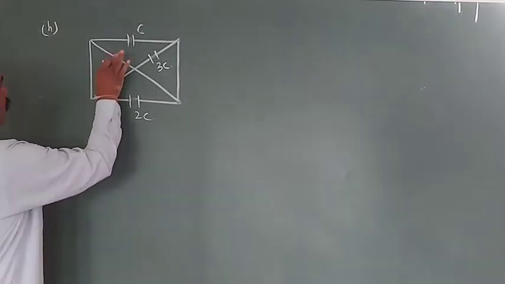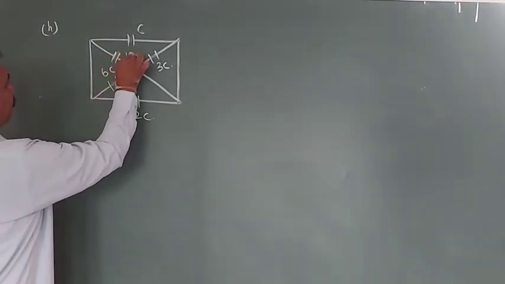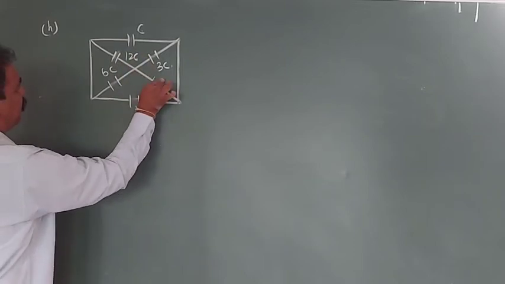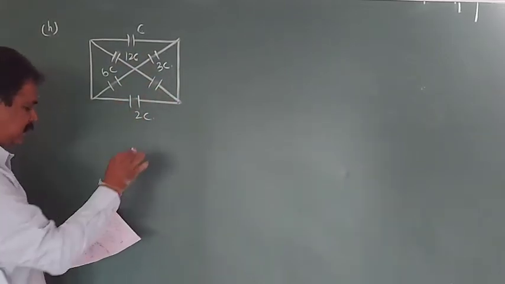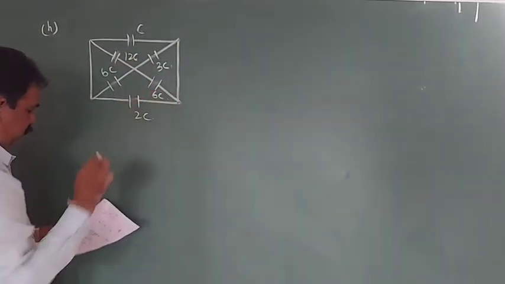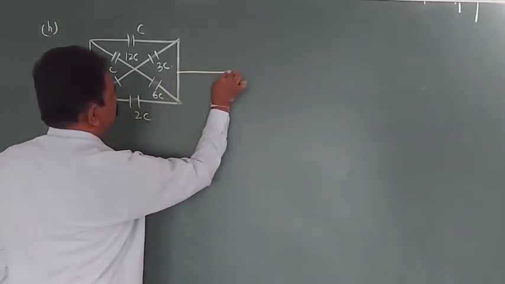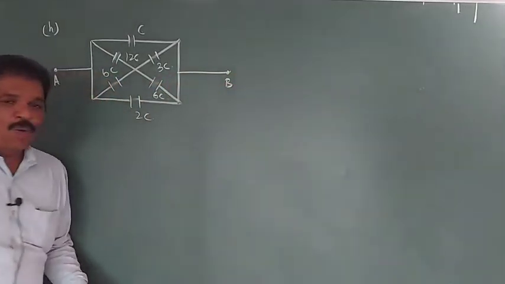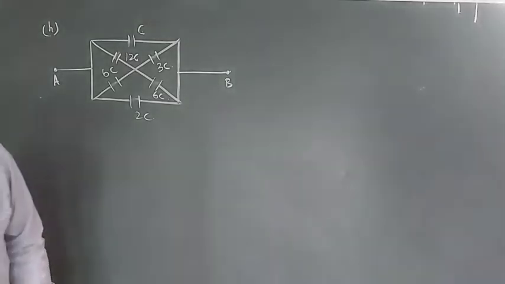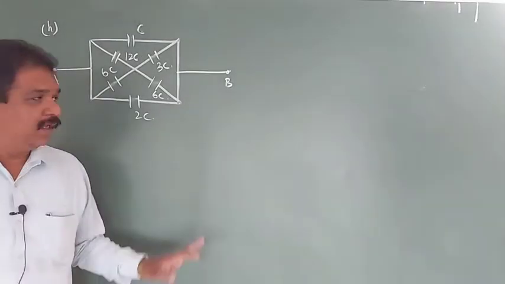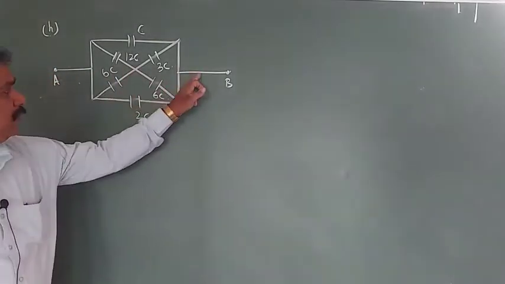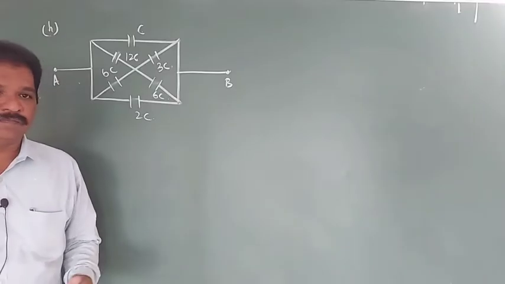Again here 12C, here it is 6C. This is A, this is B. Then they ask to find the effective capacitance between A and B.